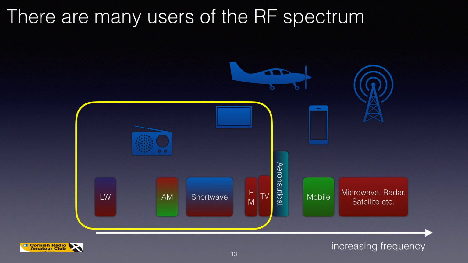Now, in normal speech, we alternately talk about wavelength, frequency, and the type of modulation. So when we say long wave, we're talking about a signal with a low frequency which has a long wave. When we talk about AM, we're talking about a signal which has amplitude modulation.